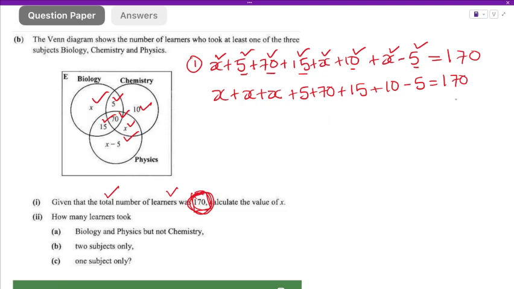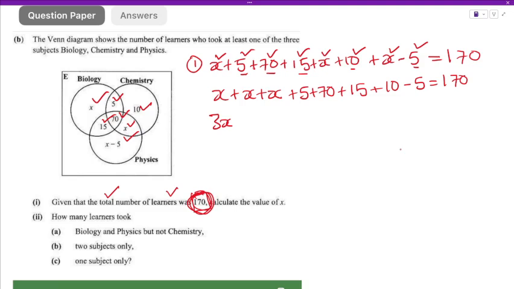All right, so once you have grouped the like terms, then you can carefully simplify. x plus x plus x will give us 3x. My brain is now lagging, I'll need the calculator. Right, so you punch everything on the left side of the equal sign. 70 plus 5 plus 15 plus 10 minus 5.